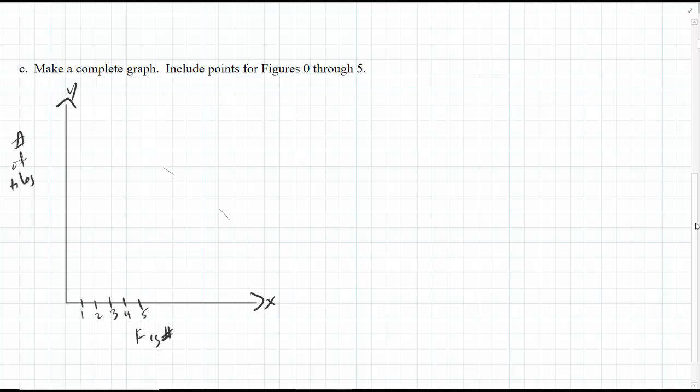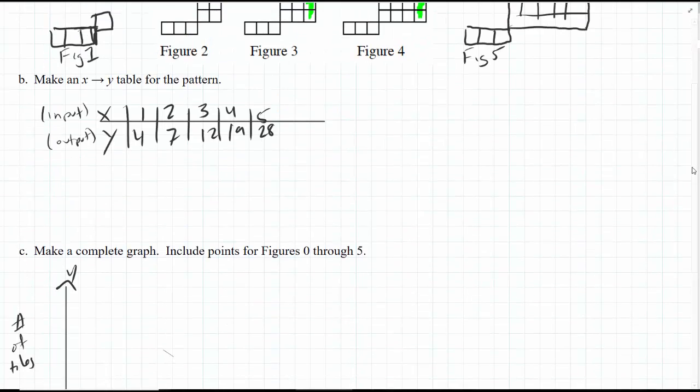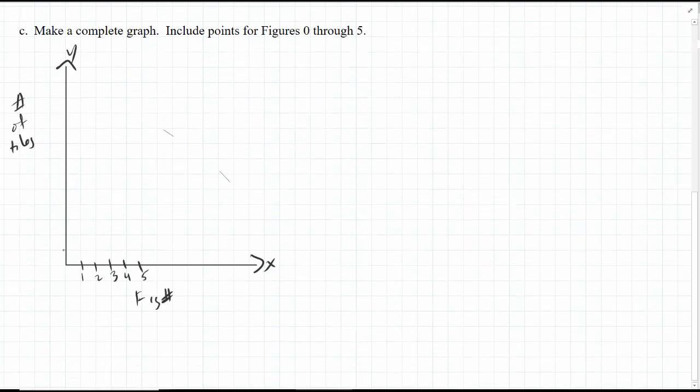And for the y-axis, we need to go all the way up to 28, so 30-ish. So it looks like we could go by, on my table at least, by 5s. 5, 10, 15, 20, 25, 30, 35. Okay, so at figure 0, honestly there'd be 3 tiles, but we don't have that. Let's actually just go and graph it.